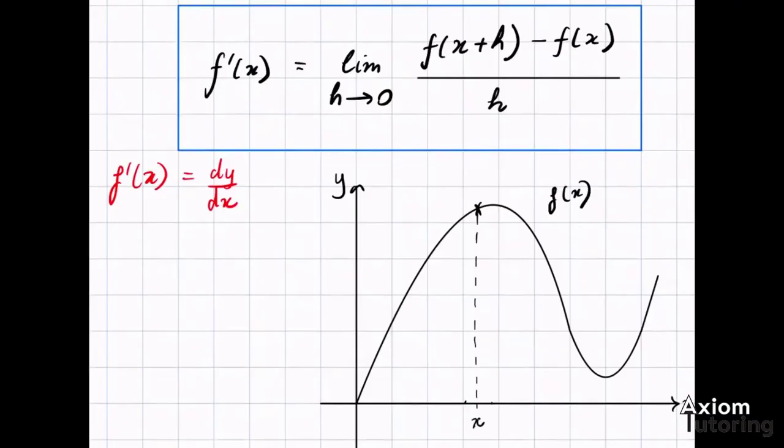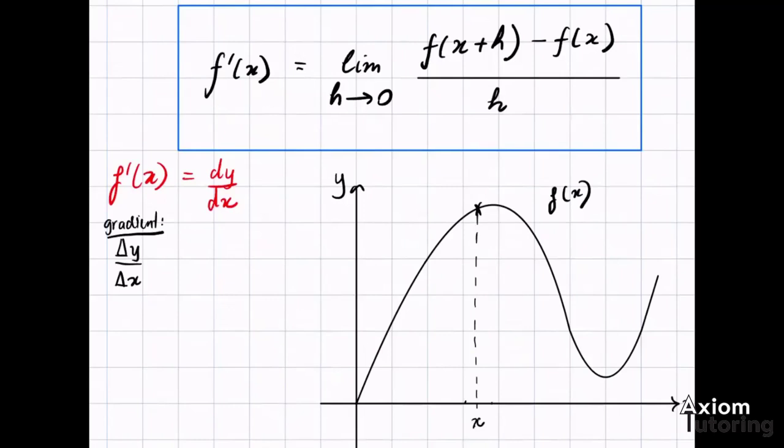Let's first try to find the gradient between 2 points on this curve. To find the gradient, in our first video in our calculus series, the definition for our gradient is delta y over delta x. So to do that, we need another point on this curve.